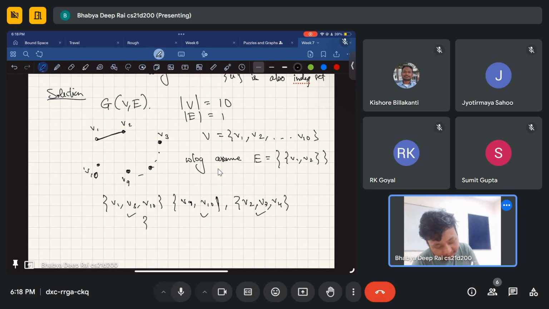But the moment I take v1, v2, v3, this does not become an independent set, because there is an edge between v1 and v2, which is the only edge in the graph according to the question.